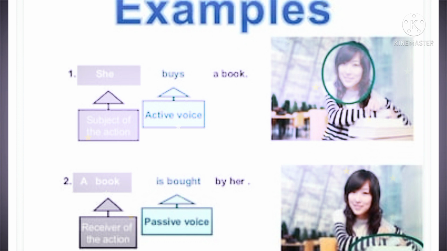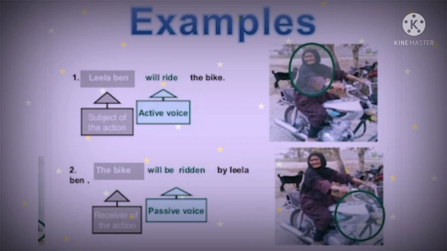So what must we do? We have to use an auxiliary verb or be form. So in simple present we use is, am, or are. Since a book is singular, we use is. A book is, always the verb form is V3, bought. Buy is changed into bought, by her. She will change into her when it comes into position of object.